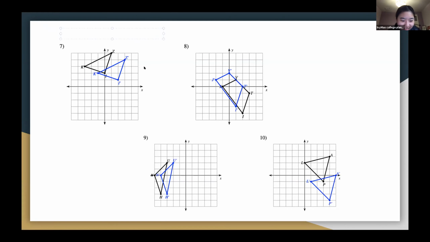So 1 unit down, and then 1, 2, so 2 units right. And then that should be the answer.